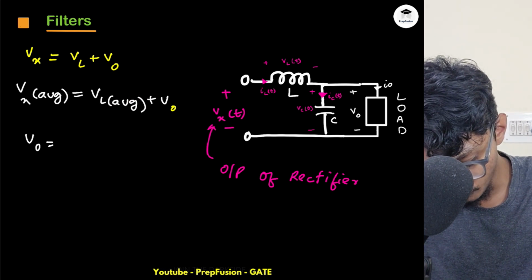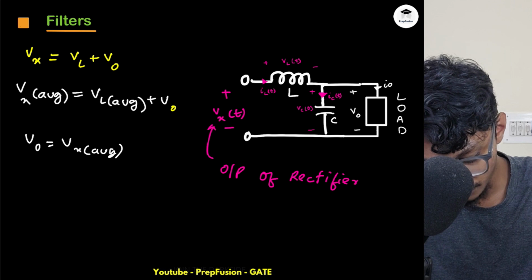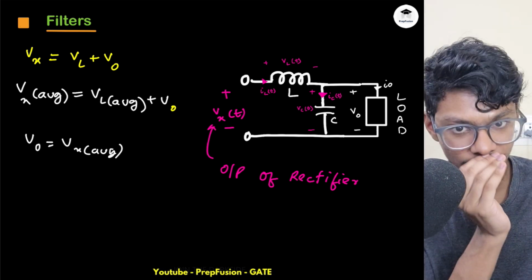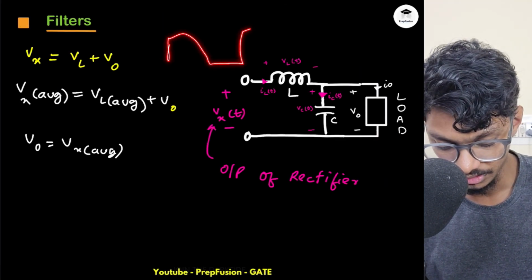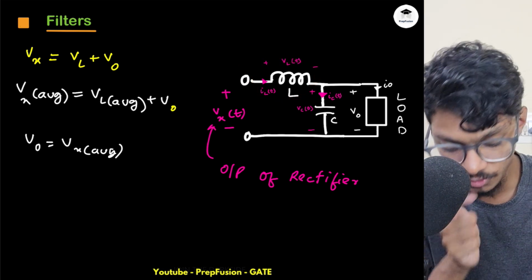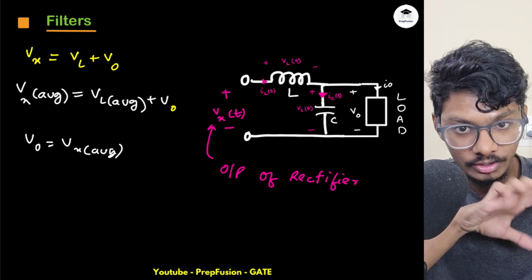So VO will be simply Vx average, that is the average voltage of the rectifier. The average value will be intact and the ripples will be reduced. A huge amount of ripples were present, and I want constant voltage. So what this capacitance will do is reduce the ripples of voltage.